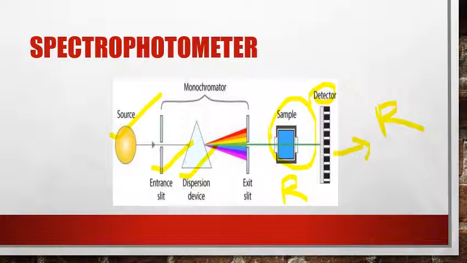We will read about the reference cell in the types of spectrophotometer further. And finally the detector goes on detecting, and it is recorded in the recording unit. So this whole is the equipment, how it works, and we can easily analyze by spectroscopy.